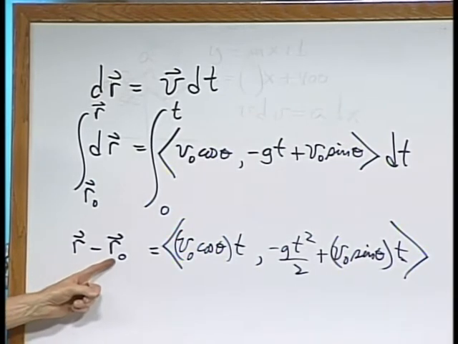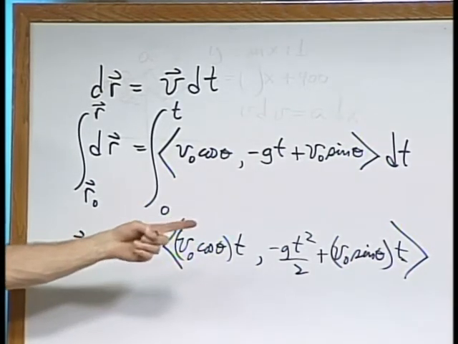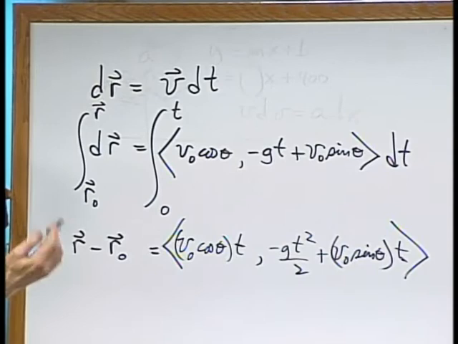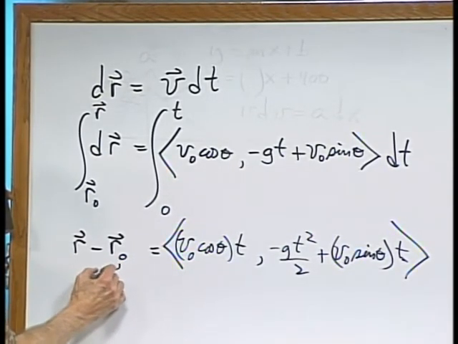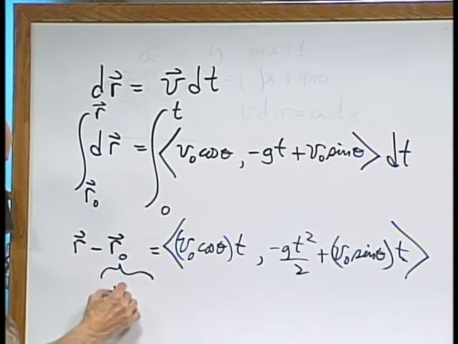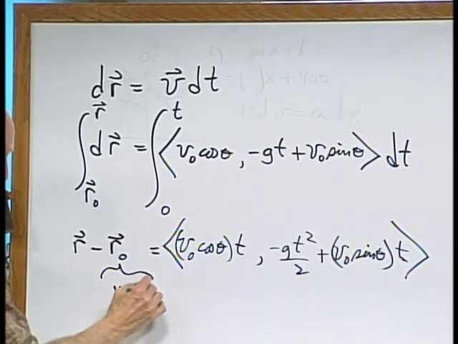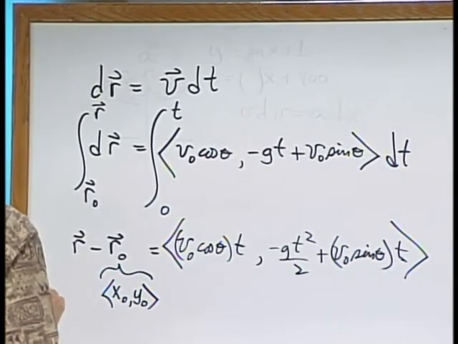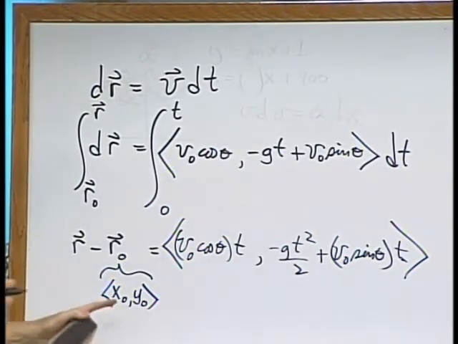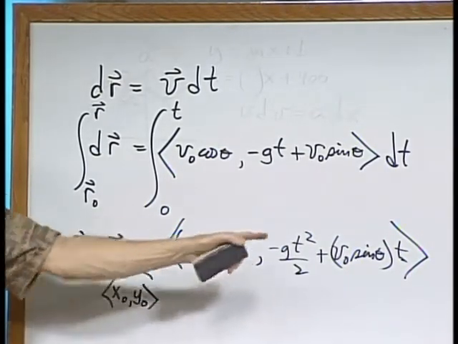And then the initial position kicks over to the other side, and we obtain the final position vector. Now, what was that initial position? It was made up of the x naught, y naught, which is back over on our board over here. You kick those over to the other side, and they become additive to the i and the j terms there.